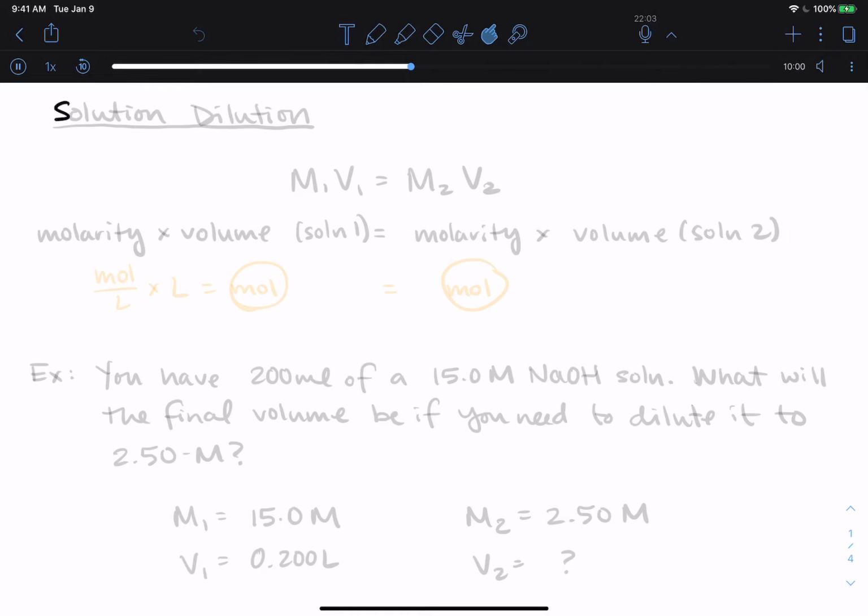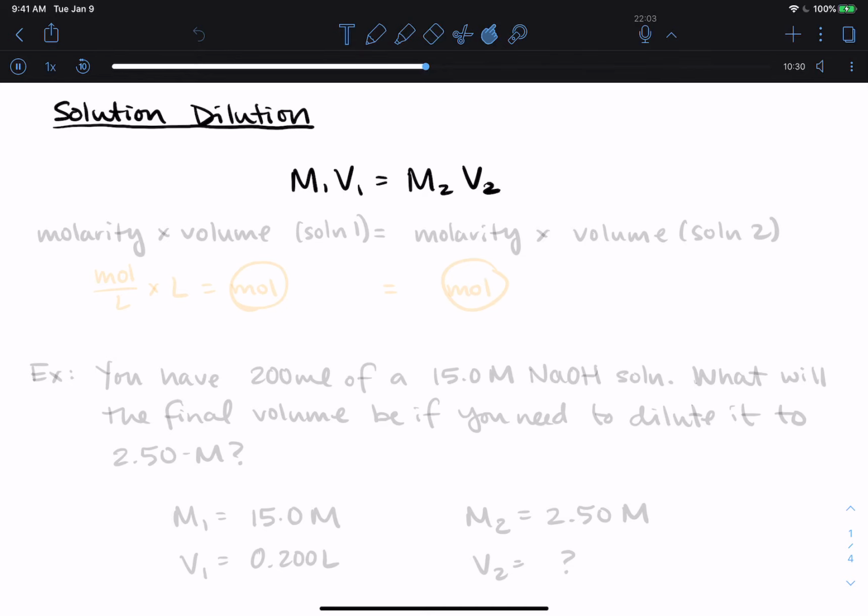So solution dilution. I can calculate, if I dilute my solution, what its new molarity would be, or if I'm looking for a specific molarity, I can calculate what volume I need to dilute it to. So the dilution equation is M1V1 equals M2V2.